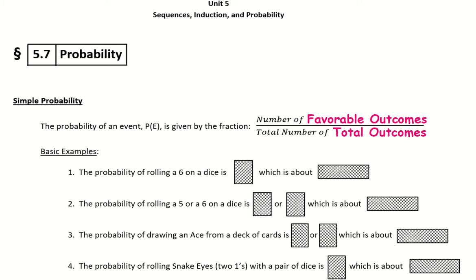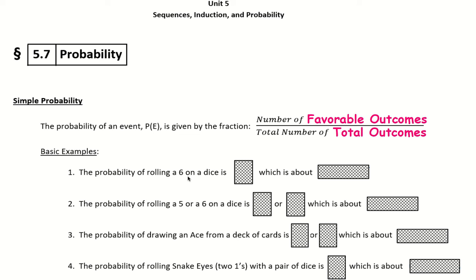It's a different ball game. Maybe we'll go over that as an aside in class, but the probability is a fraction where you have the number of favorable outcomes, or the number of ways to win, out of the total.